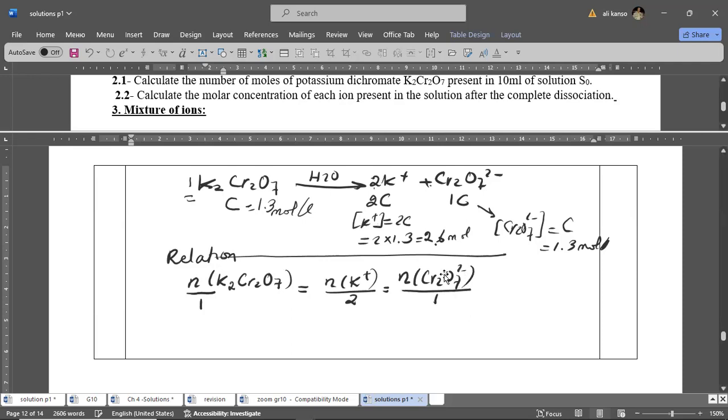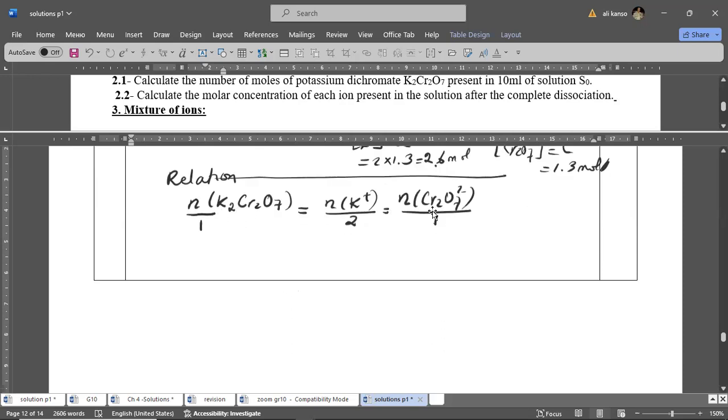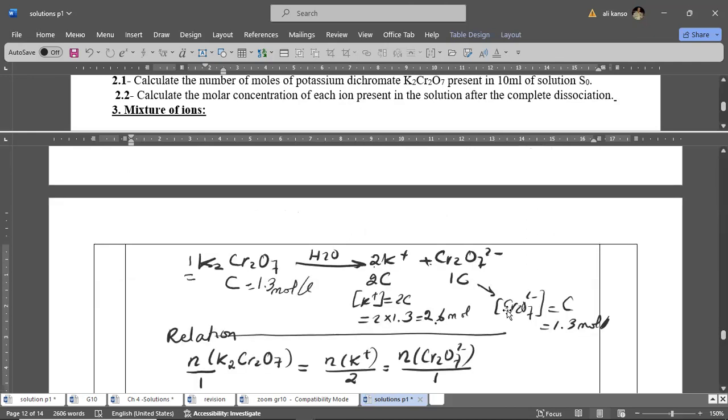In order to change the number of moles into concentration, just say that all of these species, K plus and Cr2O7 2 minus, exist in the same beaker.